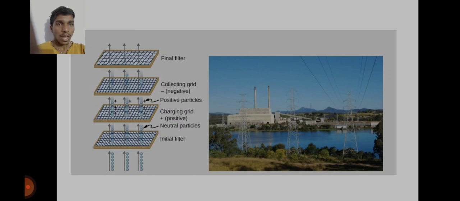In the second stage, a positive charging grid gives the particles a positive charge. Then the collecting grid collects them in the third stage, and after collecting, the air goes to the final filter so that the air is filtered cleanly.